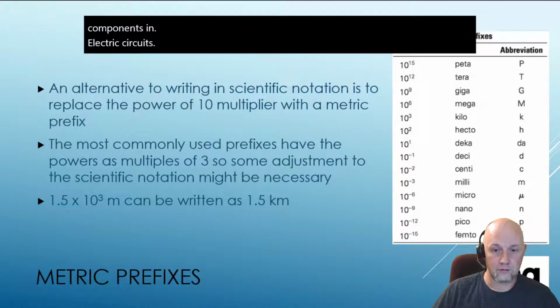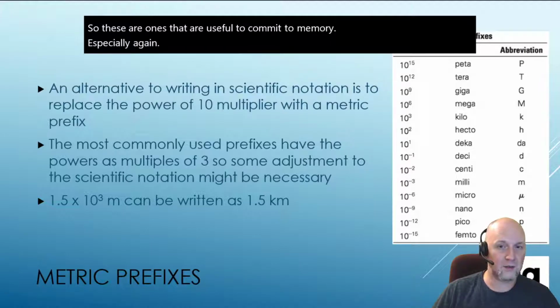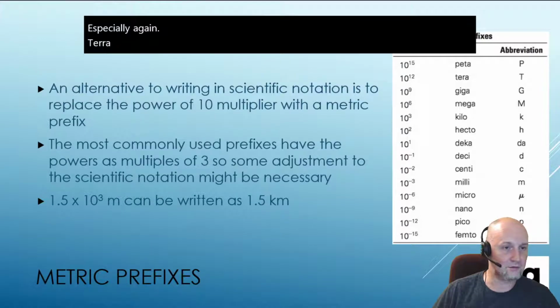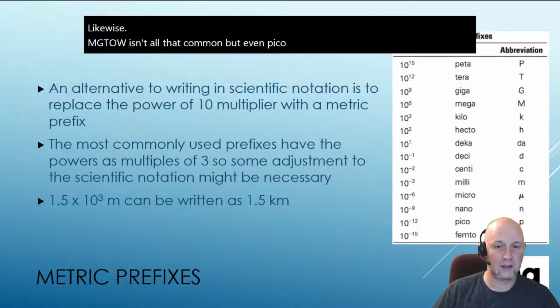So these are ones that are useful to commit to memory. Tera and peta aren't all that common. Likewise, femto isn't all that common, but even pico will show up occasionally in electrotech. Nano, certainly.